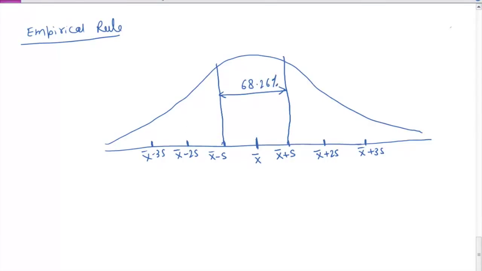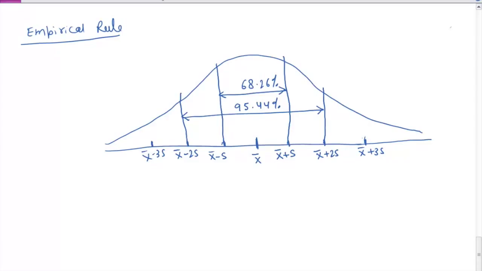Now if you go one more standard deviation away from the average, as captured by these two lines, obviously this will cover more area than 68%, and in fact this covers 95.44%.